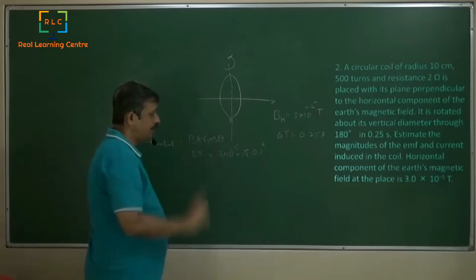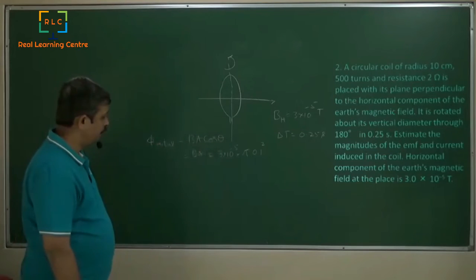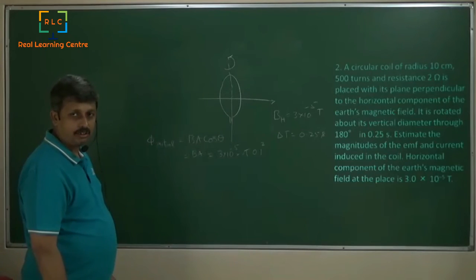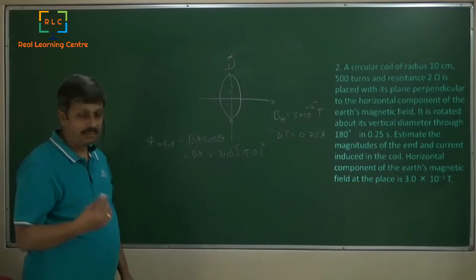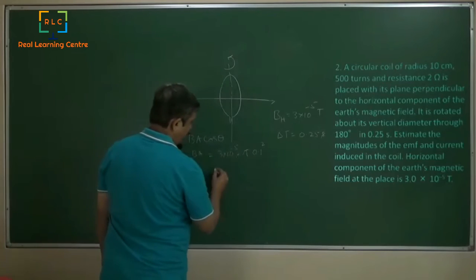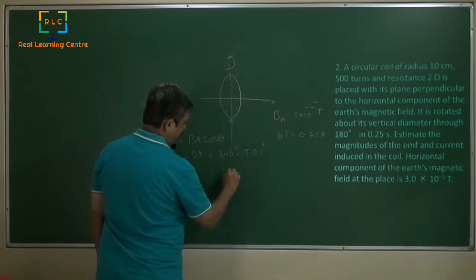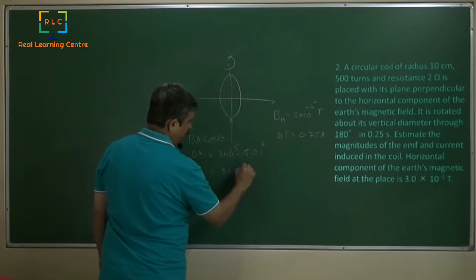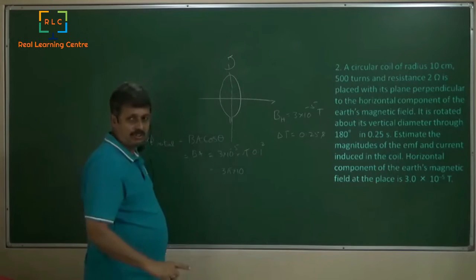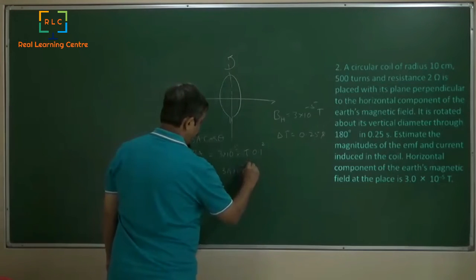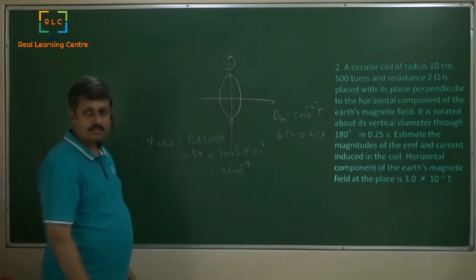Cos theta is 1. So BA initial is 3 pi into 10 power minus 7, since 0.1 squared is 0.01, which is two more powers of ten.